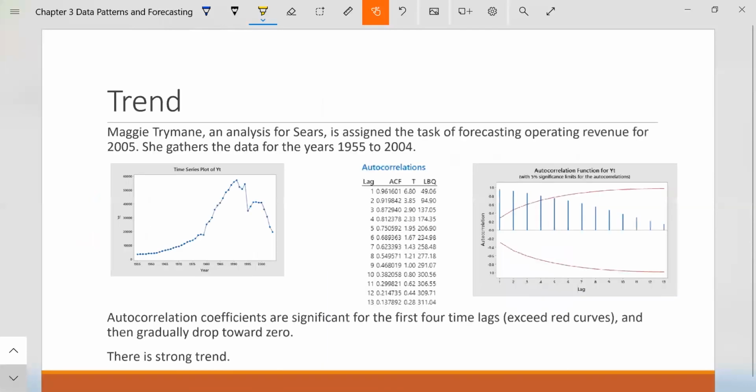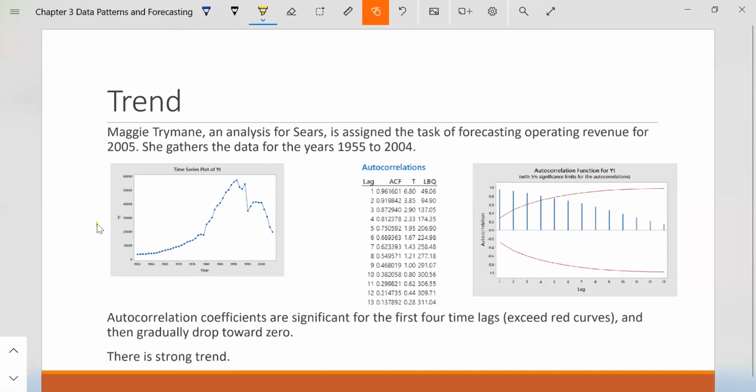Next, let's look at how we can see if there's trend. In this example, we have an analyst for Sears, Maggie. She is assigned the task of forecasting operating revenue for 2005. She gathered the data for years 1955 to 2004.